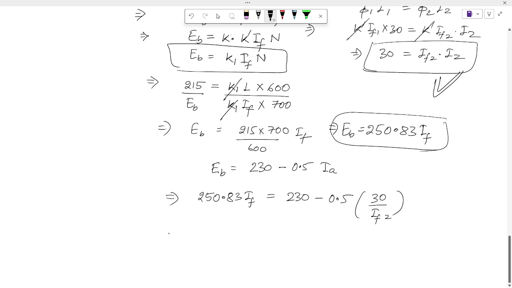We get a quadratic, that is 250.83 IF2 square plus 15 IF2 minus 230 is equals to 0. Yes or no? So solve this quadratic and tell me the value of IF.